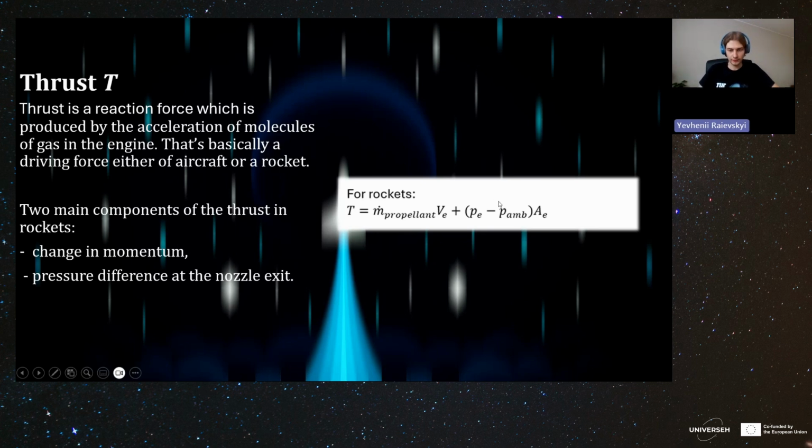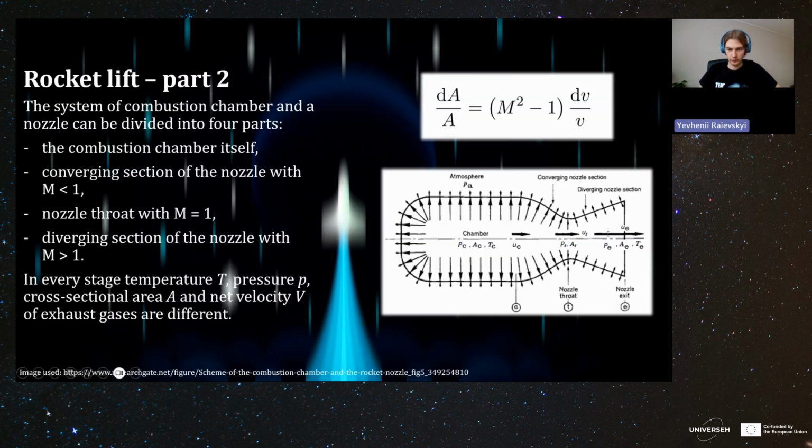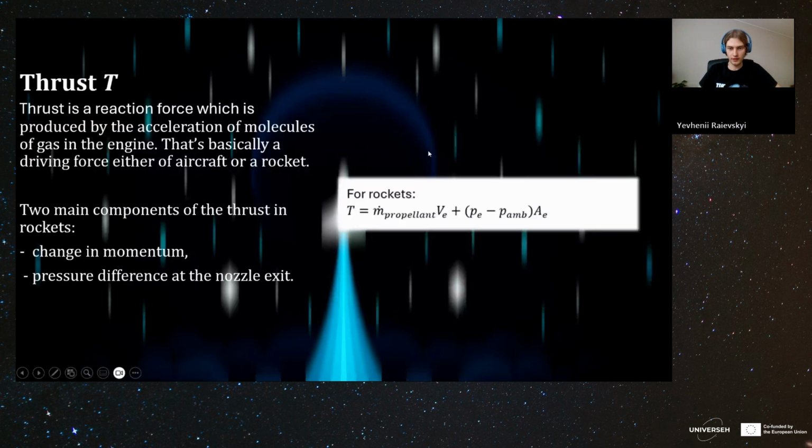The second component comes from the change of pressure here, because, of course, during the combustion reaction, the pressure is a lot bigger inside the combustion chamber and the nozzle, actually, because if we look here, we see that this pressure PE is not the same as the pressure of the outside.